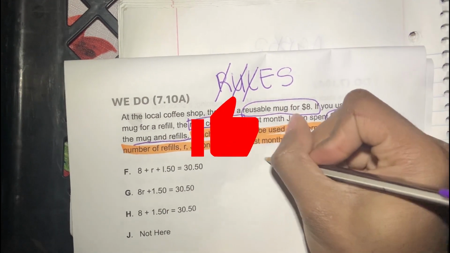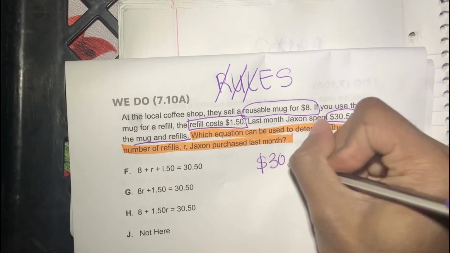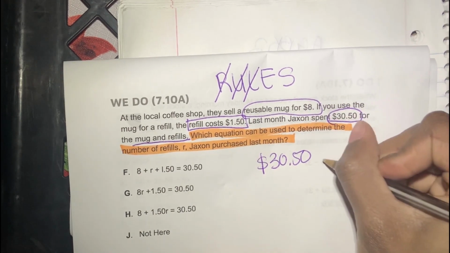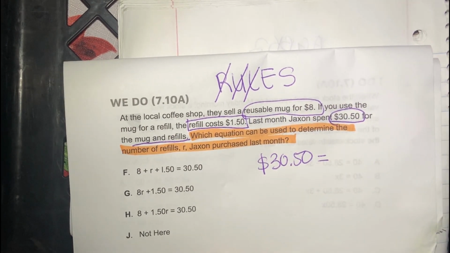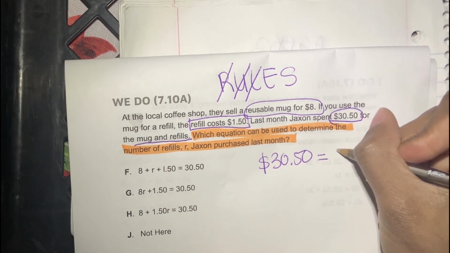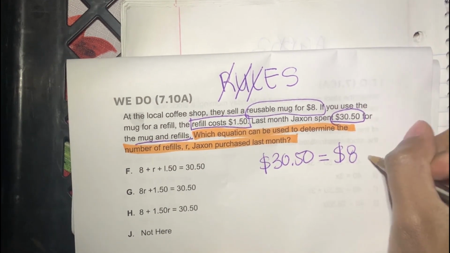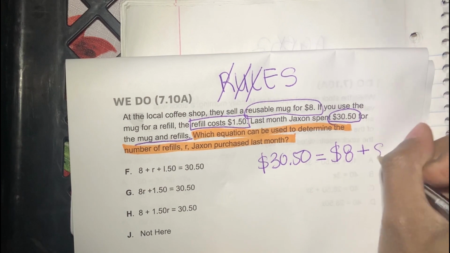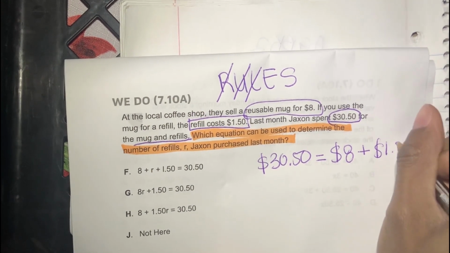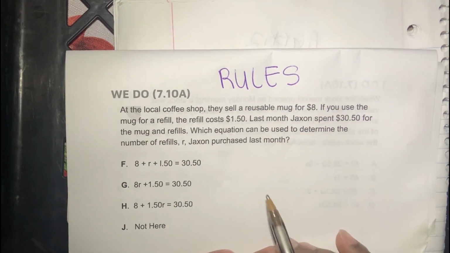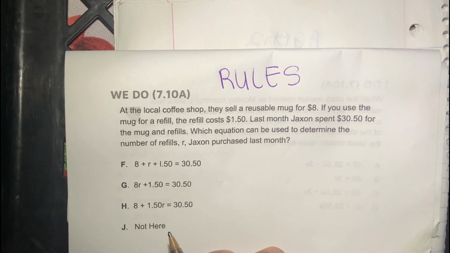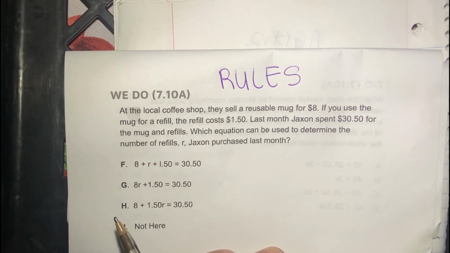$30.50 was spent total. We're going to set that equal to the $8 for the mug plus the $1.50 per refill. The $1.50 is supposed to be multiplied per refill. $8 is just for the mug itself.